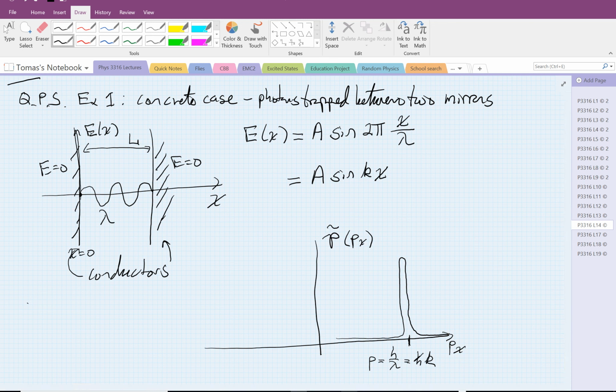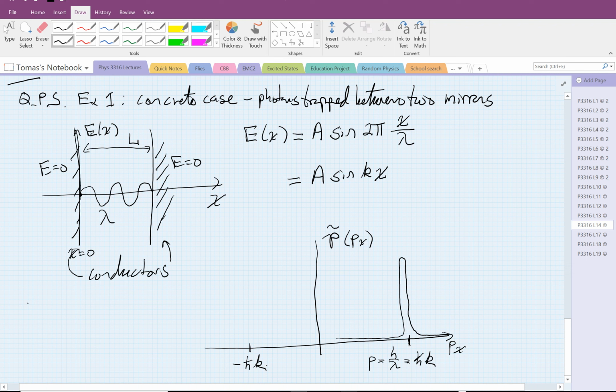We don't just have photons with positive momentum in here. After all, these photons are bouncing back and forth between these two mirrors to set up this standing wave. When I do measurements of the momentum of my photons, I expect to get also the negative value here. I expect not only plus h bar k, but minus h bar k.